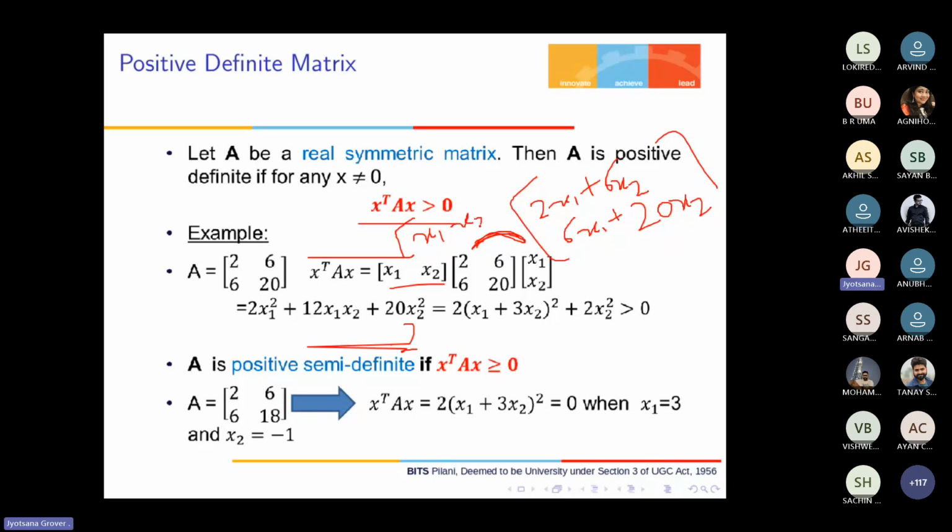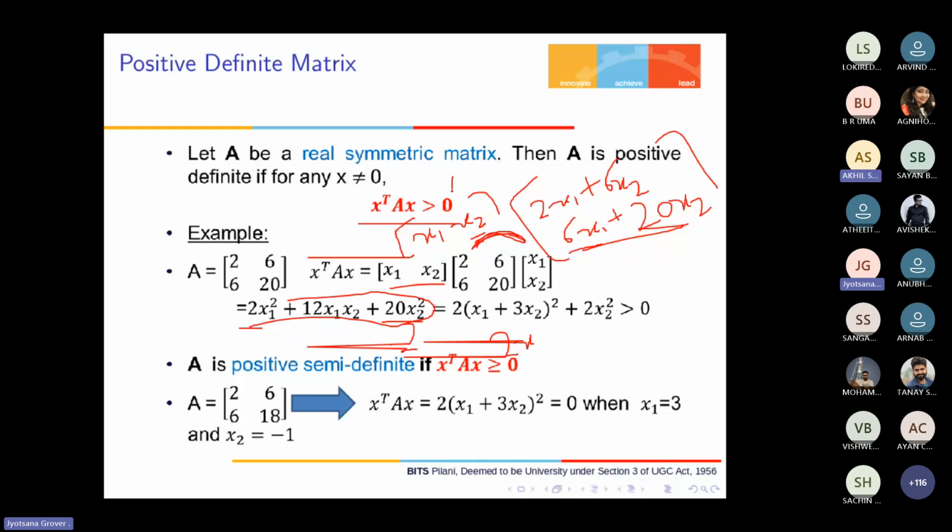So what will you get? 2x1 plus 6x2, you multiply with x1, so you get 2x1 square plus 6x1x2. Then plus 6x1x2 plus 20x2 square. So you'll get this value. I hope it is clear how you get this, because now you'll get a scalar.